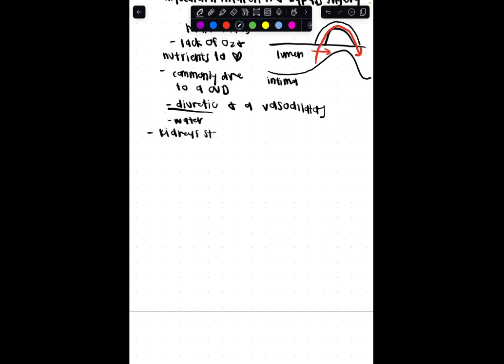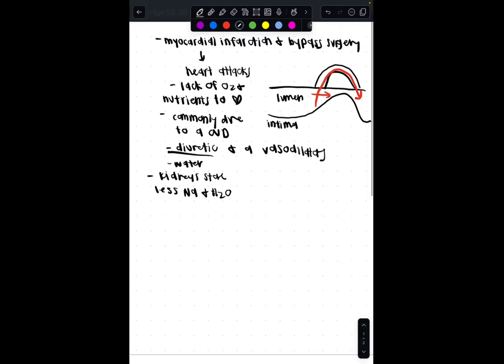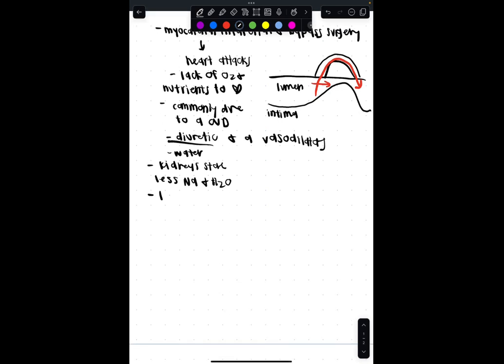Why is this significant? So when our kidneys are storing more water and sodium, we have increased blood pressure, because where we have a high concentration of a solute, we're going to have high concentrations of water, which will increase our blood pressure. So in the instance of someone who has just had a heart attack, we're wanting to lower blood pressure.